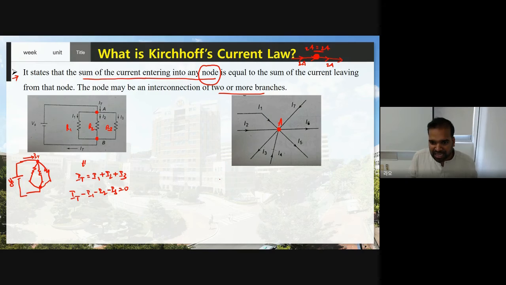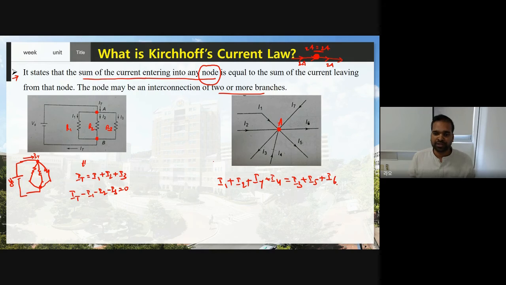See, I1 is coming, so I1 plus I2 is also entering into node A, plus I7 is entering, and I4 is also entering, plus I4. And I3 leaving, I5 leaving, and I6 leaving, equal to I3 leaving from the node plus I5 leaving plus I6 leaving.